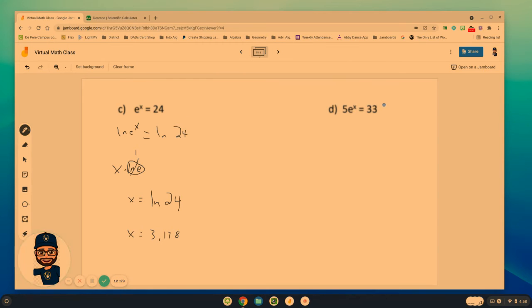Now, letter D, we have to be a little bit careful. What do we need to do first? We have to isolate that e to the power of x by dividing by 5. e to the power of x equals 33/5. Now we can take the natural log of both sides and say x times the natural log of e, but we know the natural log of e changes to a 1, so x equals the natural log of 33/5.